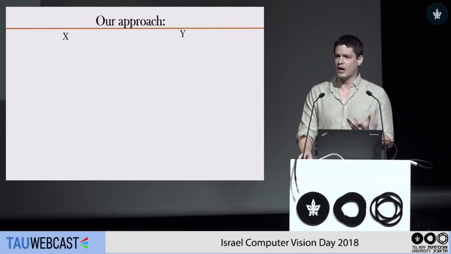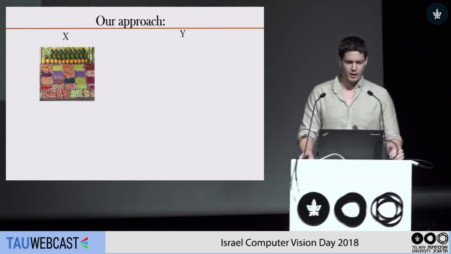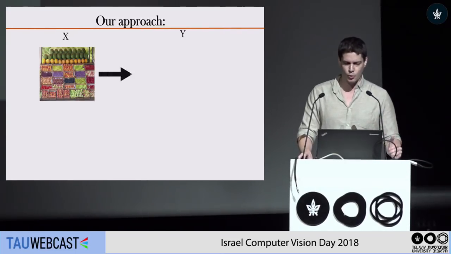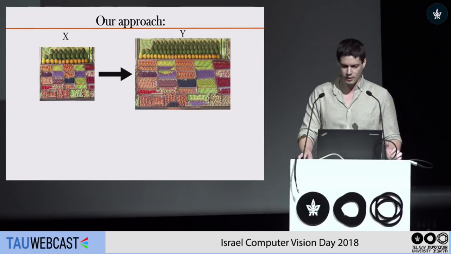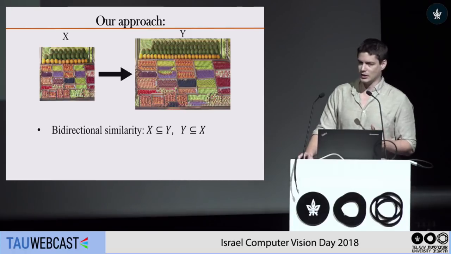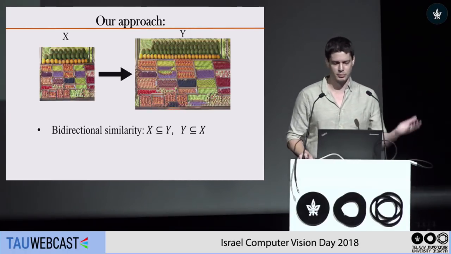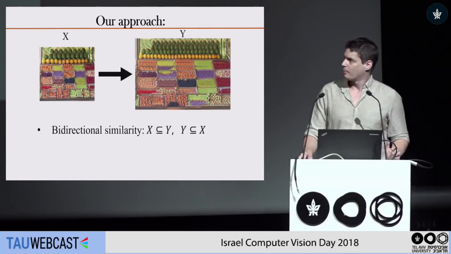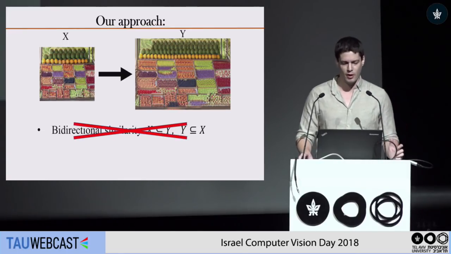So here's our approach to it. Having some input image X and the wanted target image Y, the bidirectional similarity says that you want all the patches in X to also be in Y and vice versa. But we suggest a stronger requirement.